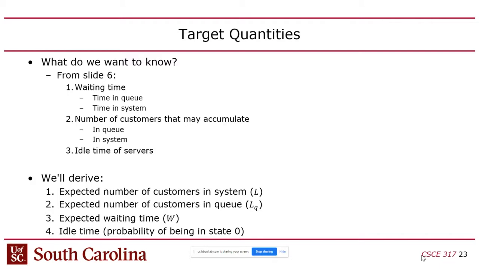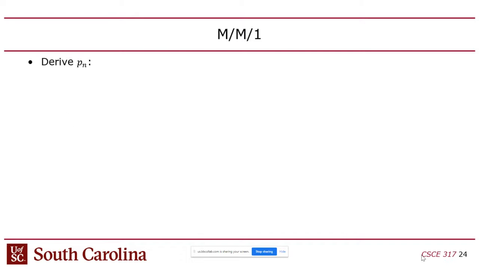You take the probability of being in each state and multiply that against the actual number of customers that state represents, and then you add them all up, and that's going to give you the expected number of customers, or the average number of customers. Basically, it's a weighted average where the weights are the probabilities of being in every state. Those probabilities are simply a function of lambda and mu. That's it. That's actually not that complicated, although it's kind of complicated to get to that point. So we will do that now.